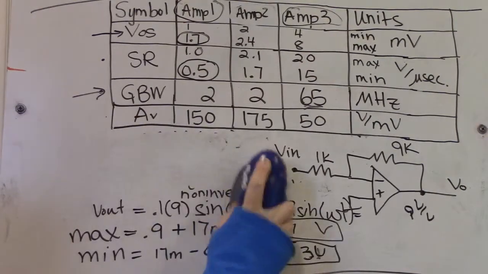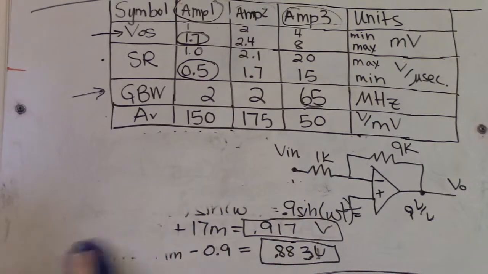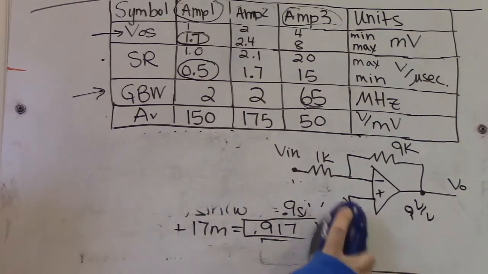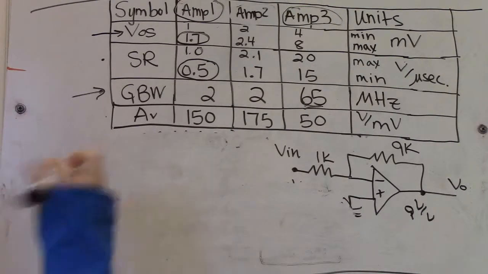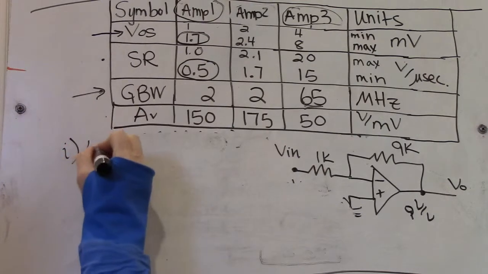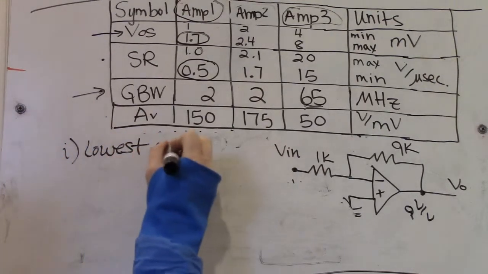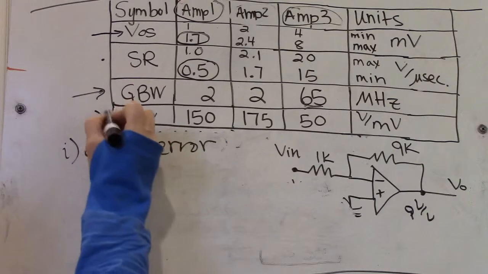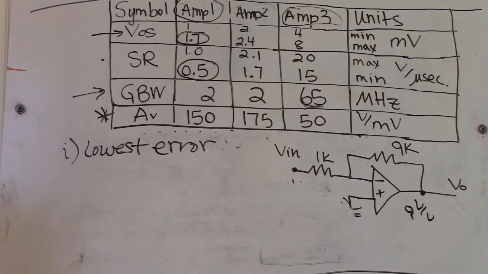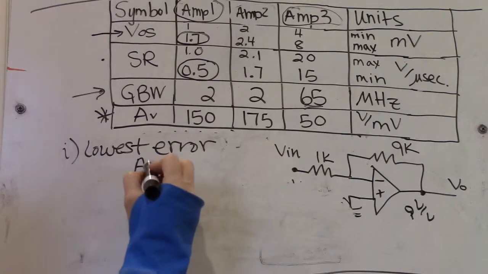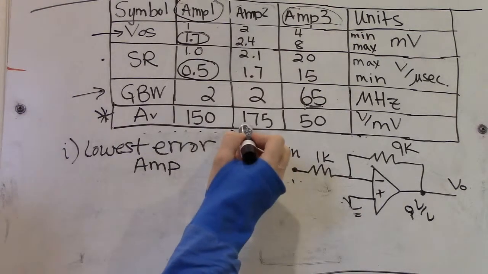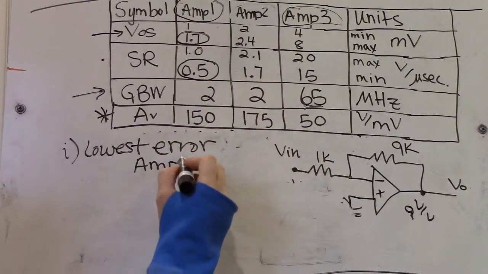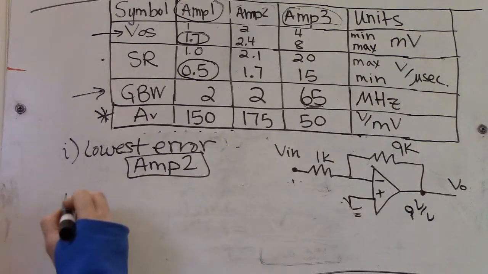Another question about the non-ideal effects is which amplifier gives you certain characteristics. Which one gives you the lowest error? The lowest error is going to be due to the internal gain of the amplifier. The ideal characteristic is the one that gives you the largest value, so that would give you the least amount of error. So amp 2 in that case.